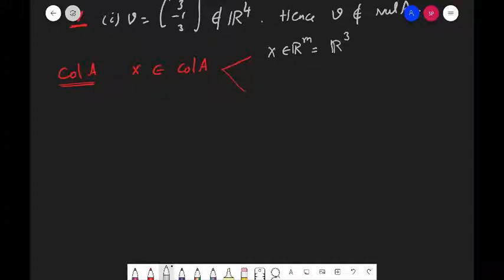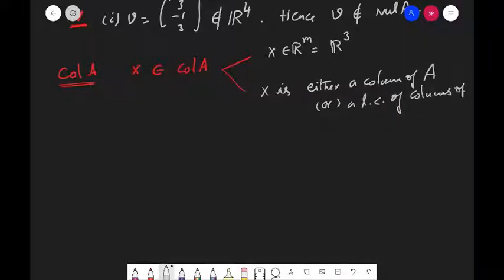And the second condition is x is either a column of A or a linear combination of columns of A. This we have to do for U or V.